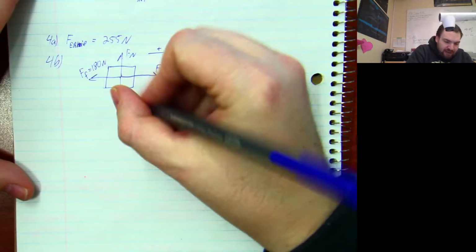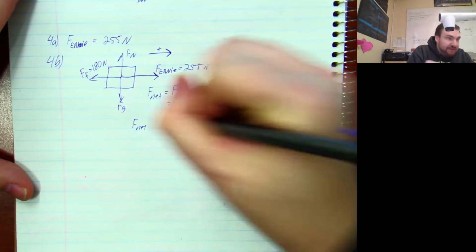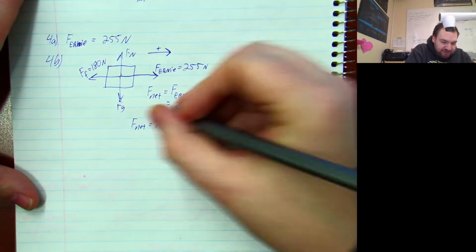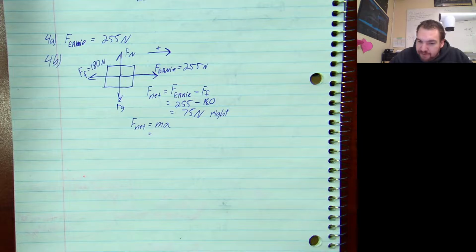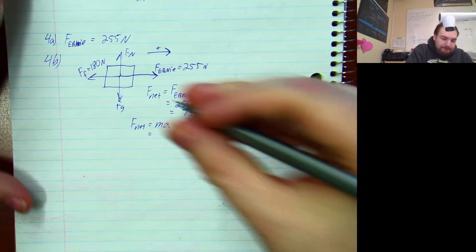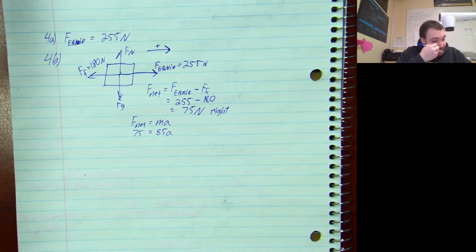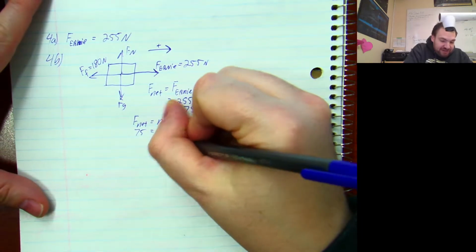Well, we know F net is not just the sum of the forces, it's also equal to your mass times acceleration. So the mass, do we know what the mass is? 75 equal to 85 times a. Thank you, Luis. The mass of Bert and the sled was 85. So the acceleration is now what?